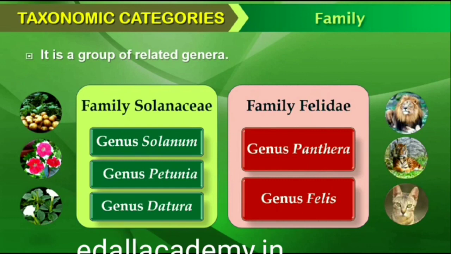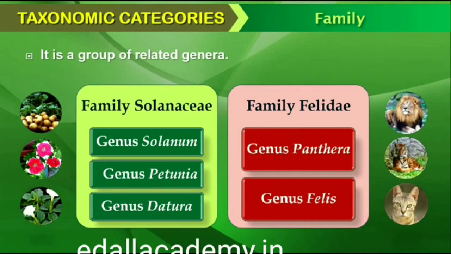1.3.3 Family. The next category, family, has a group of related genera with still less number of similarities as compared to genus and species. Families are characterized on the basis of both vegetative and reproductive features of plant species. Among plants, for example, three different genera Solanum, Petunia and Datura are placed in the family Solanaceae.